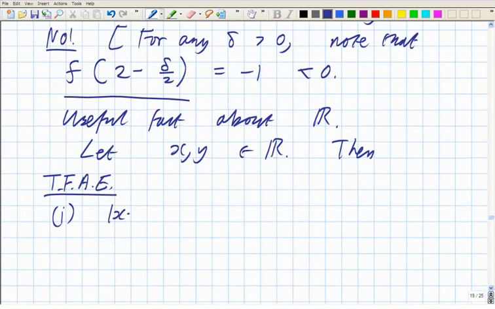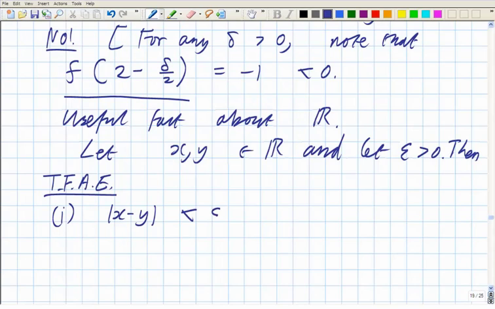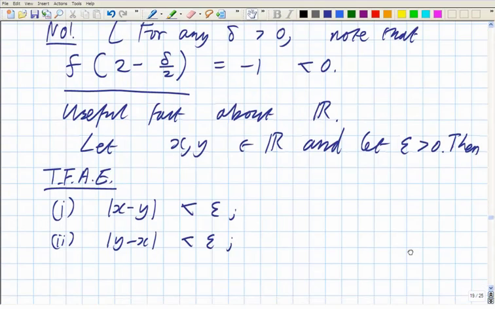One is that modulus of x minus y is less than epsilon. Obviously, I can change that to modulus of y minus x is less than epsilon. That doesn't change anything. So if one of these is true, all of the other ones are true.